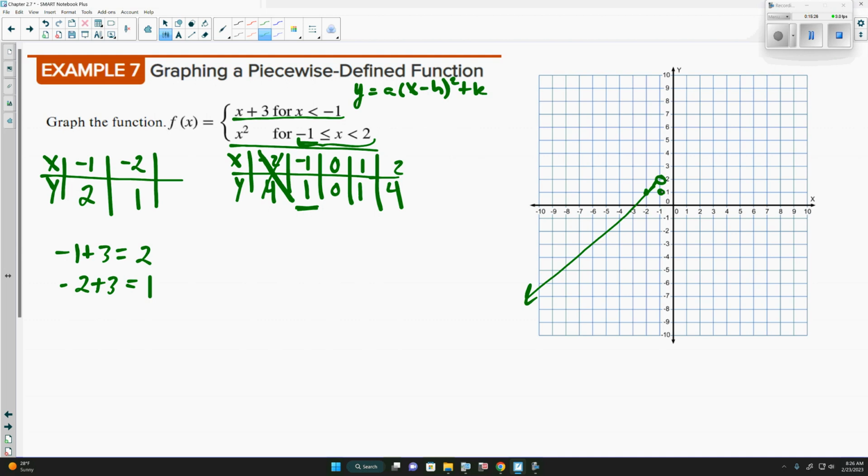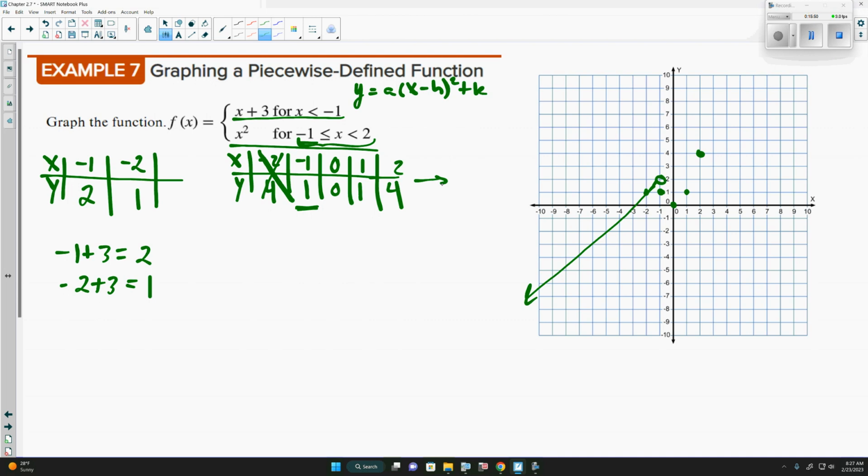Then we have 0, 0. We have 1, 1. Then we have 2, 4. But does it go past 2, 4? As the piecewise function said, we use x squared for -1 less than or equal to x less than 2.